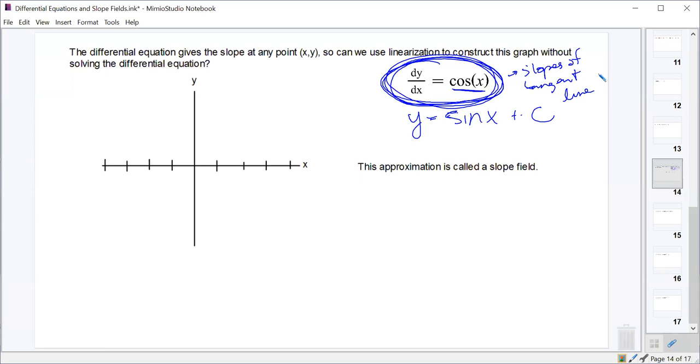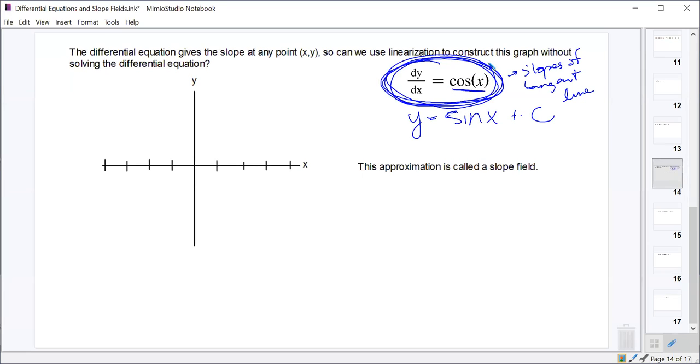Yes. Okay. So now we're going to construct our slope field. We're going to look at our differential equation, dy dx equals cosine x, and say, first off, the right-hand side, the cosine x, only has an x in it. True? There's no y's over here on the right-hand side.